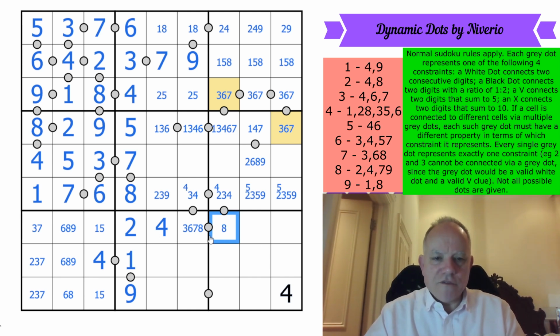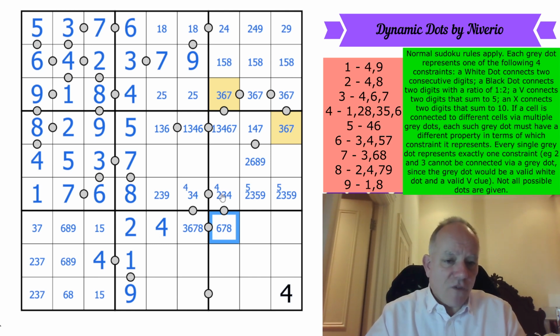We're not allowed a 4 here, obviously. 4 could connect to 6 or 7. And no, 3 could connect to 6 or 7, sorry. And 4, if that's a 4, that's a 3. This is 6 or 7. So something that joins 4 and 6 or 7.